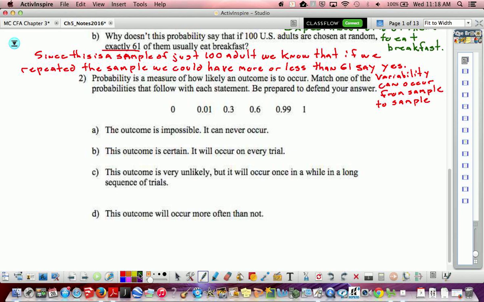It can never occur. Okay, that would be 0. Why? It can never happen. The key word is impossible, so no outcomes will ever happen. Hence, it is 0.